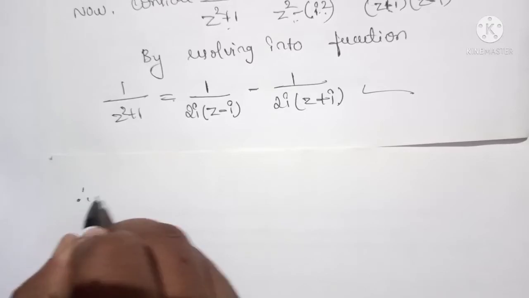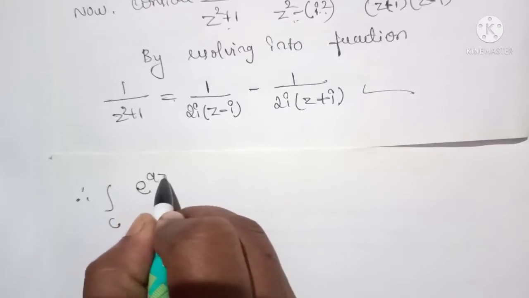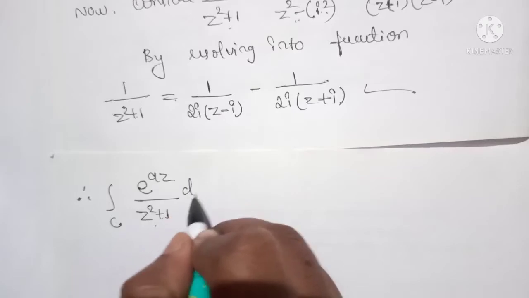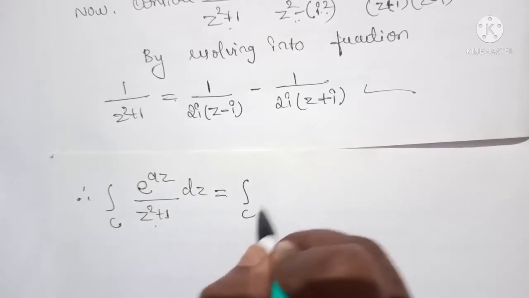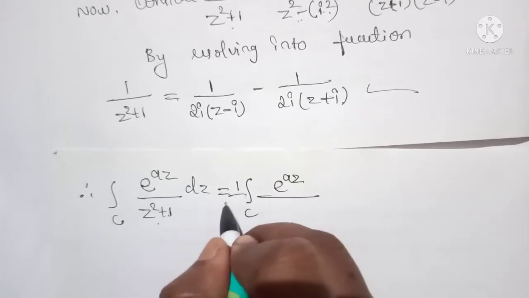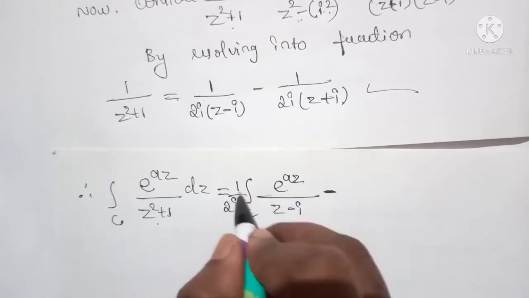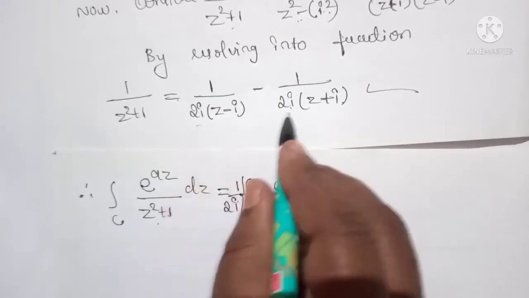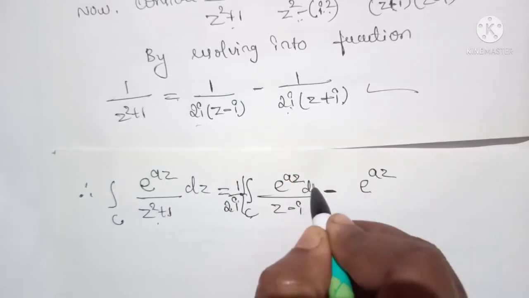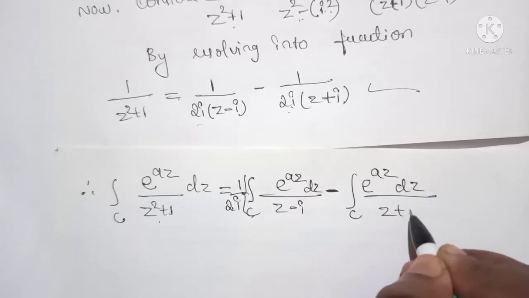Therefore the given integral, e raised to az divided by z square plus 1 dz, can be written as the integral over c of 1 divided by 2i, we can take outside, times e raised to az dz divided by z minus i, minus, here also we have 2i, so in these two we take 2i outside, e raised to az dz divided by z plus i.